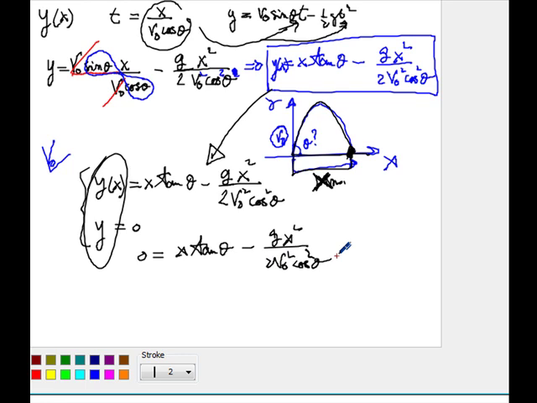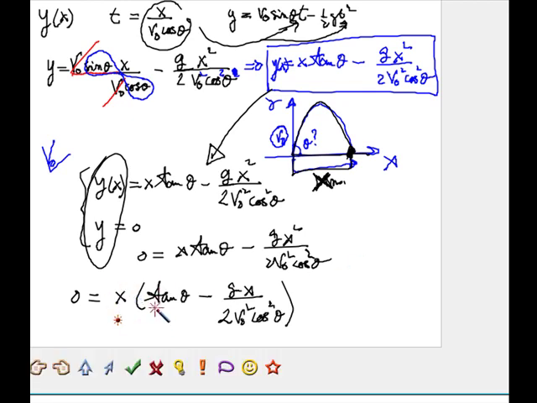Mathematically, we have two solutions. We can factorize x out, and we have x times tangent theta minus g x divided by 2 v naught squared cosine squared theta. And mathematically, this says that either x is equal to 0 or tangent theta minus g x and so on is equal to 0. Both solutions are correct mathematically.